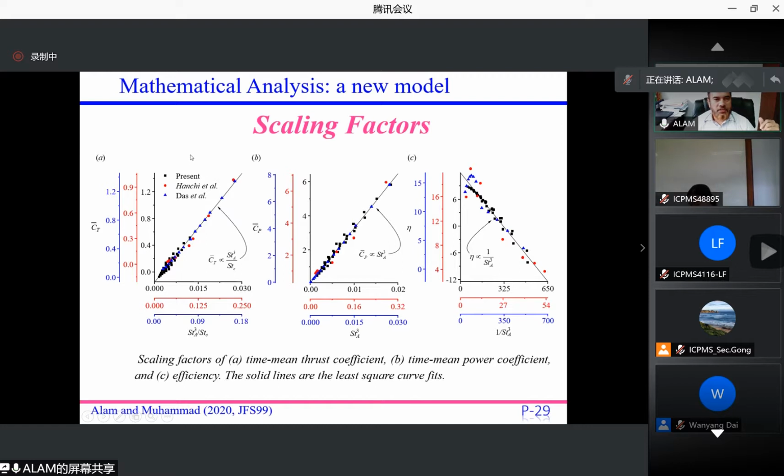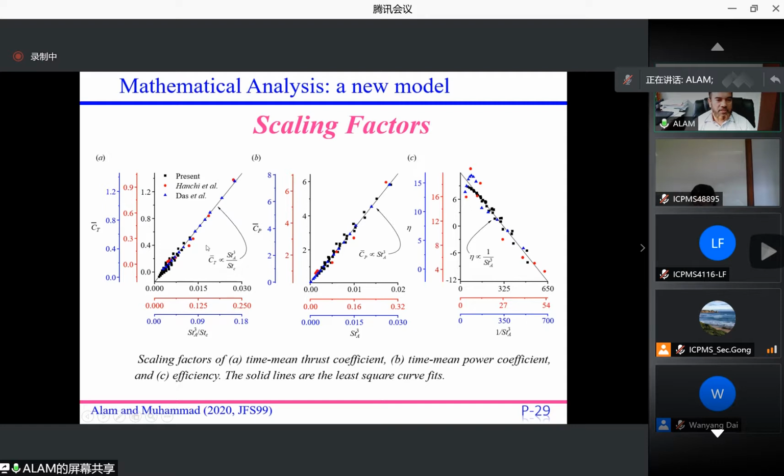So then our scaling factor gives quite a good matching with the literature results. This is our formulation, and we accumulated the results from the literature. We found good agreement.